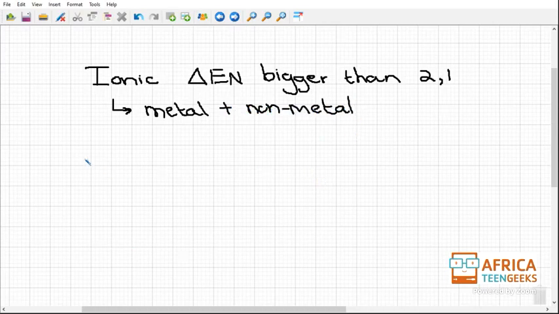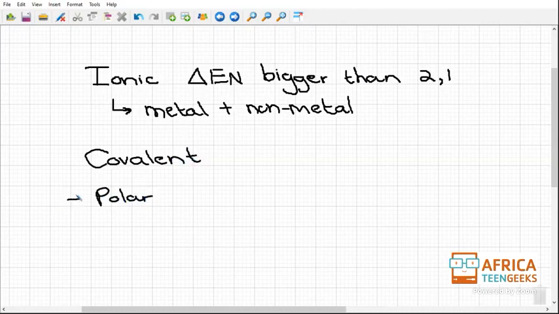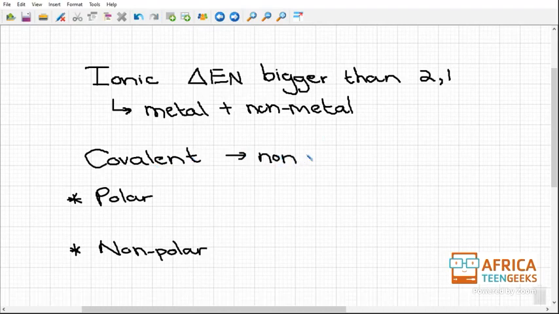Okay? Then when we talk about covalent, we can either have a polar molecule, or we can have a non-polar molecule. So again, covalent means it's non-metal plus non-metal.